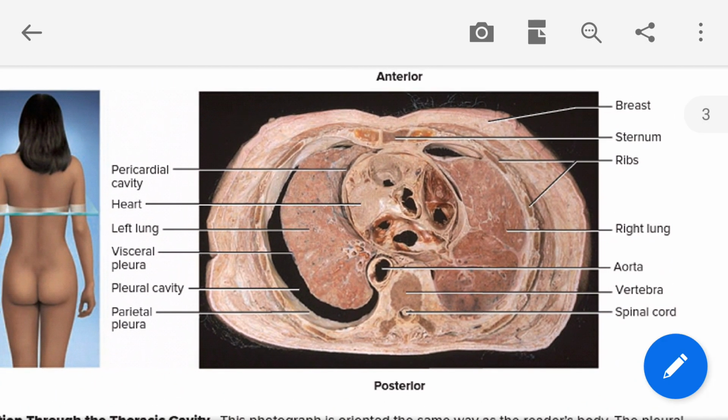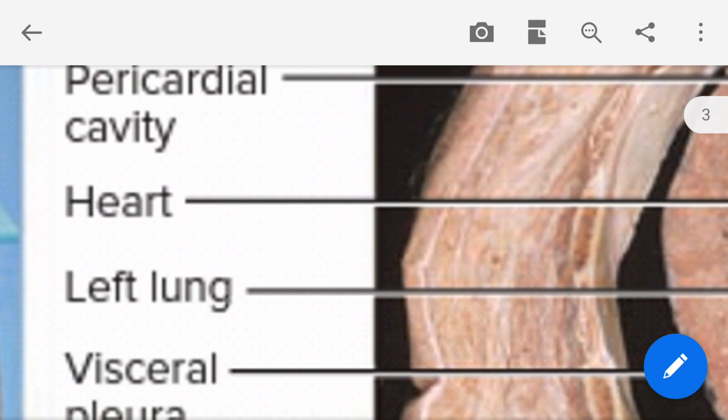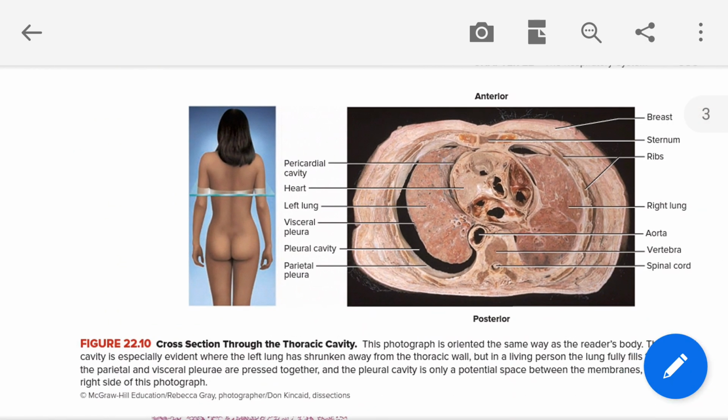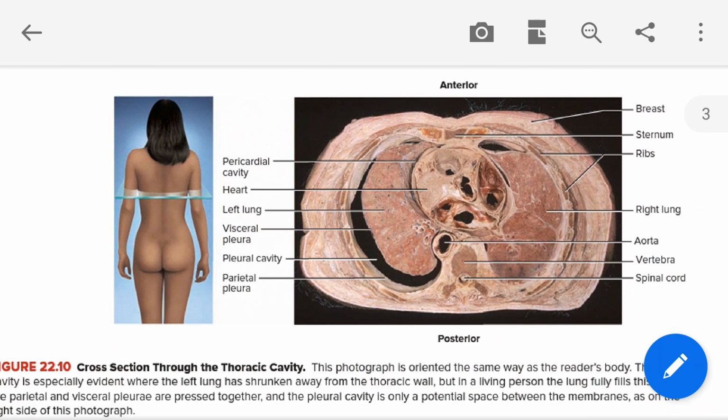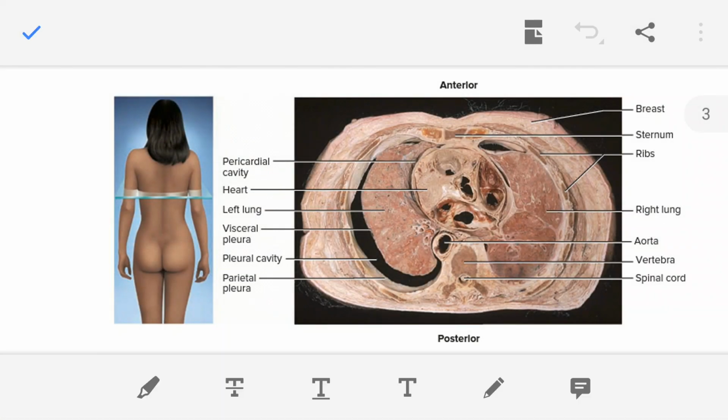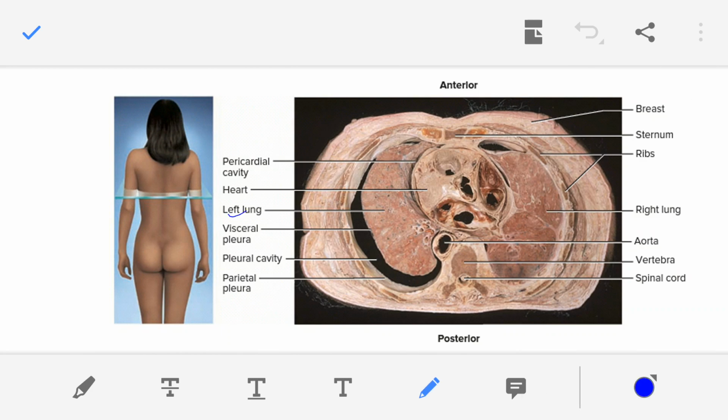So in this cross section, you can read this. The heart is shown. Then you see the position of the left lung. This one is the left lung. Then the visceral pleura. Then the pleural cavity, this space. Then parietal pleura is shown, aorta, right lung, ribs, sternum, breast, spinal cord.